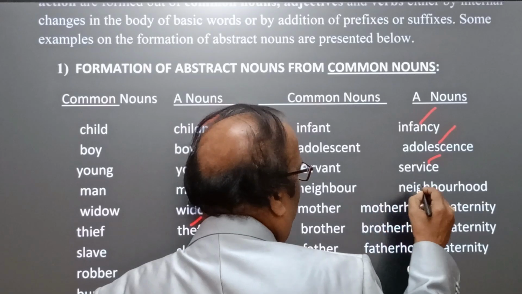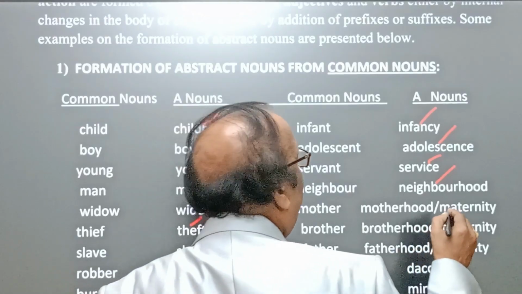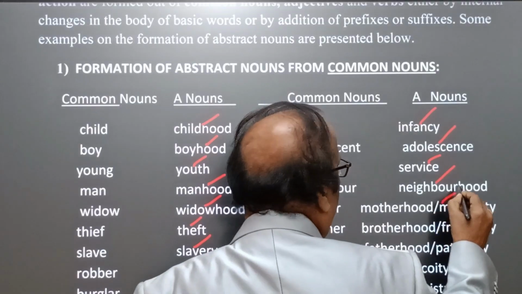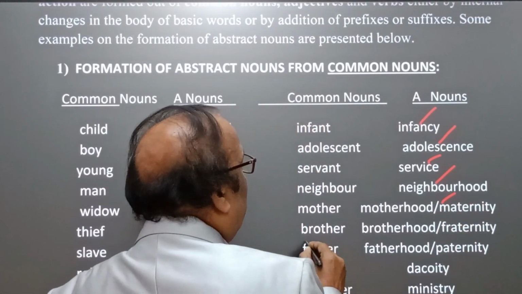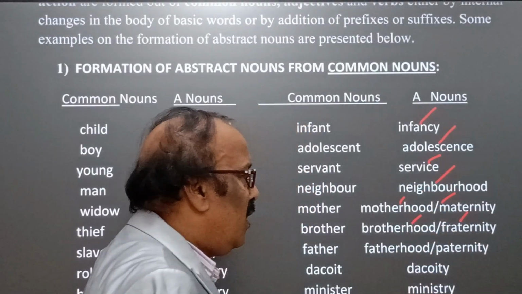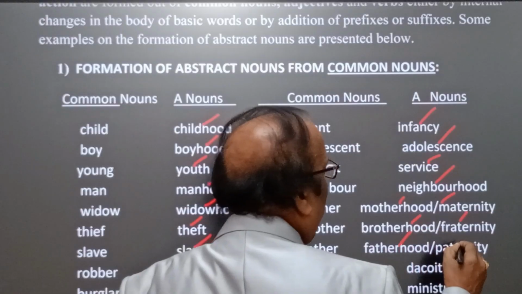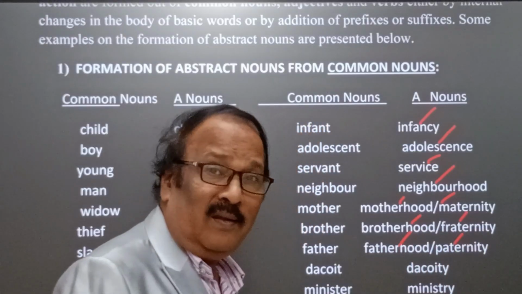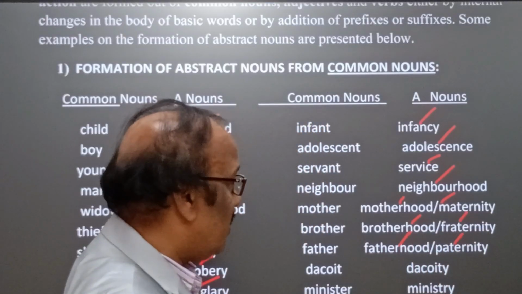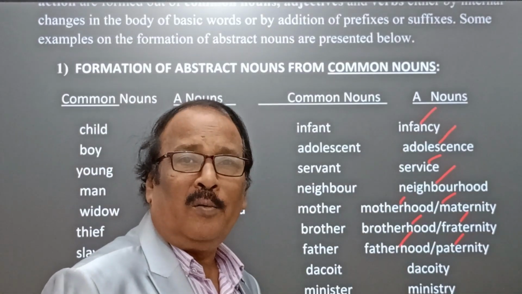Neighborhood, motherhood, maternity, which is also a stage. Brotherhood or fraternity, fatherhood and paternity, which is the opposite of maternity from the gender point of view.